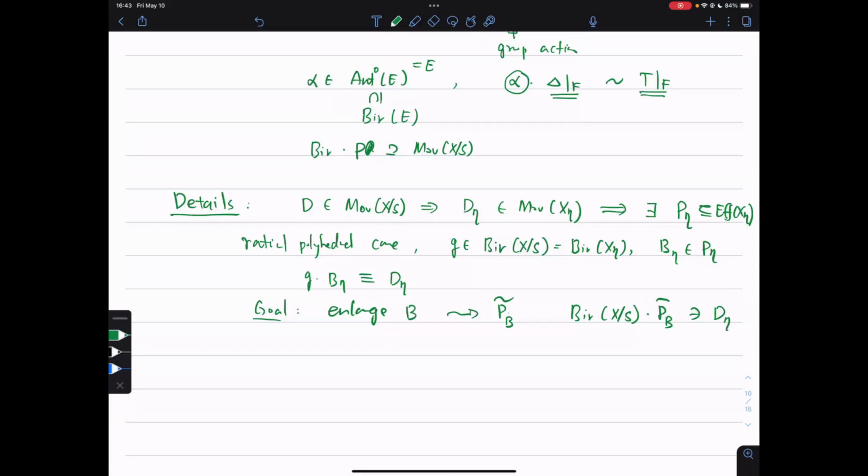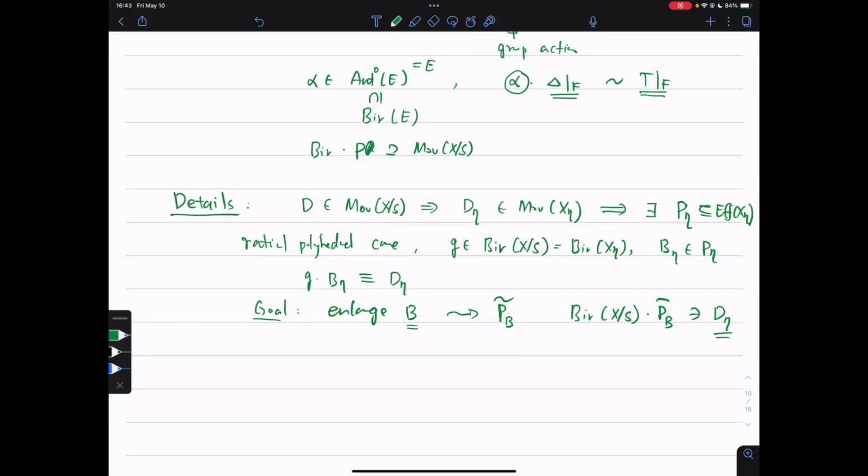This is similar to before. Before we enlarged the cone by throwing in all the vertical divisors, but now we need to do something slightly different. But still, we need to enlarge this to a polyhedral cone, such that under this action it contains D eta. So this is our goal. And then you can do this for all the divisors. Now we just did this for B, but you can do this for all the divisors in P, because it's a rational polyhedral cone, so it is essentially generated by finitely many divisors.